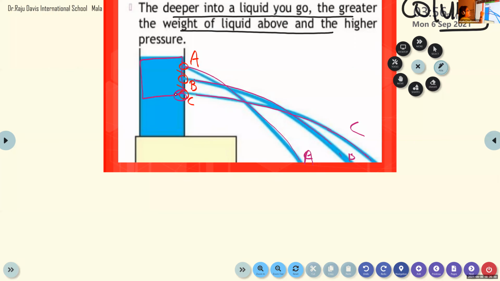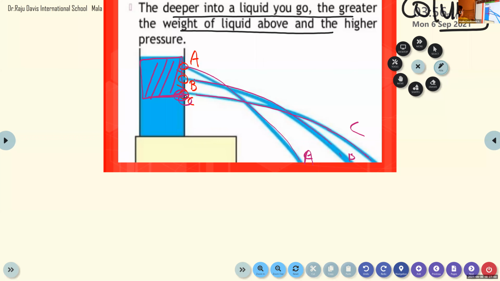If you look here, the pressure experienced by C is more. C is the point at depth, where more liquid is exerting on point C.